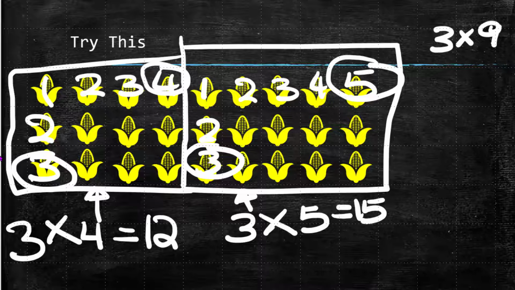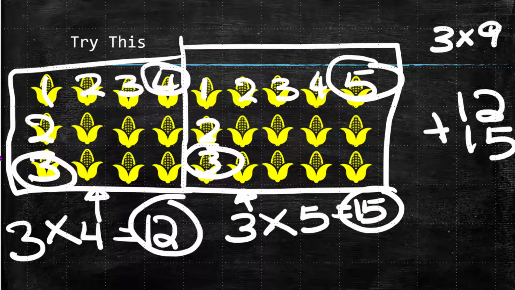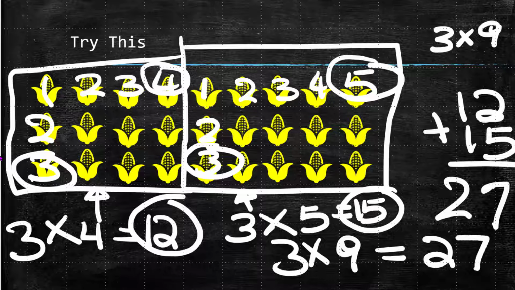Let's add up the answers we get. So that's 12 plus 15, and that should give me the answer for 3 times 9. 5 plus 2, that's 7. 1 plus 1, that's 2. 27. So 3 times 9 equals 27. Now, take it another step.